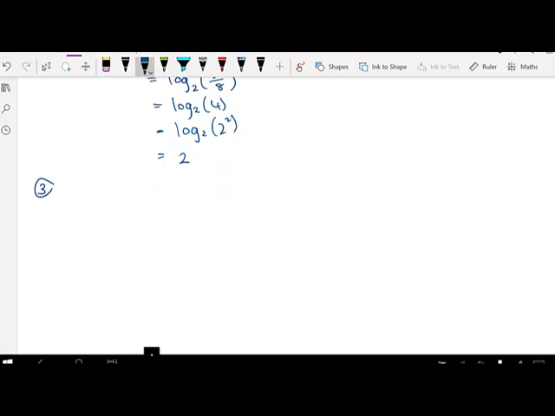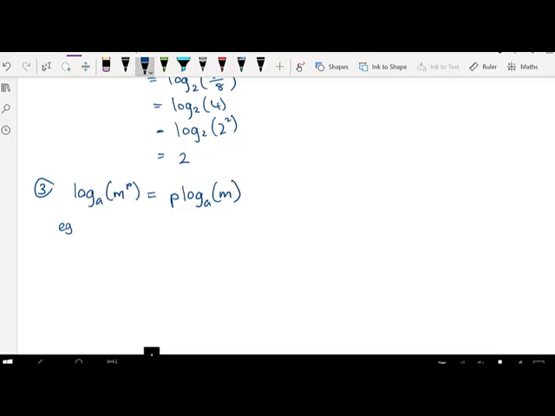The third log law is that log base a of m to the power of p is equivalent to p times log base a of m. This allows us to isolate an exponent.